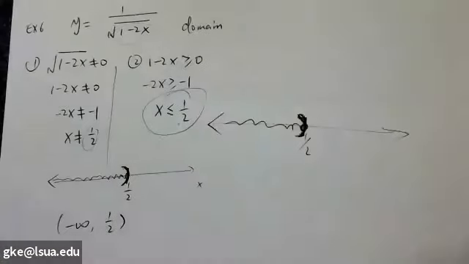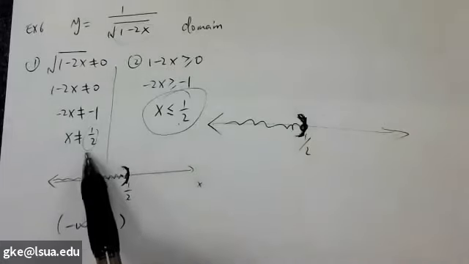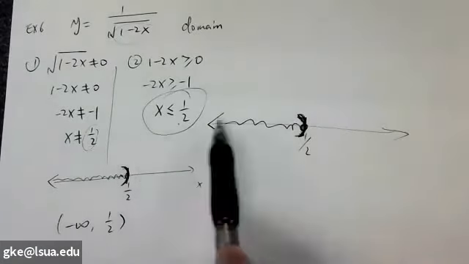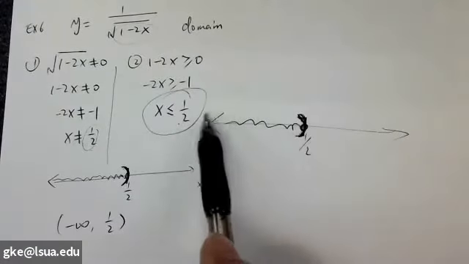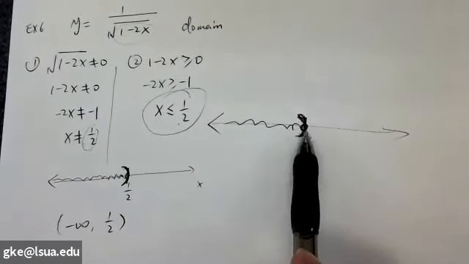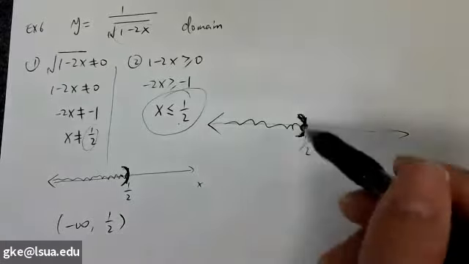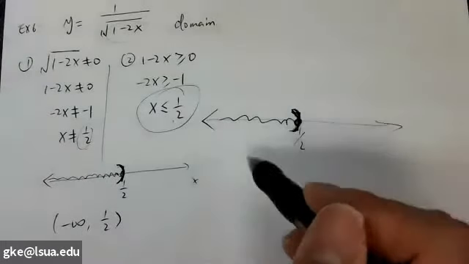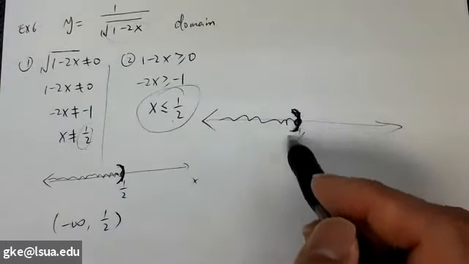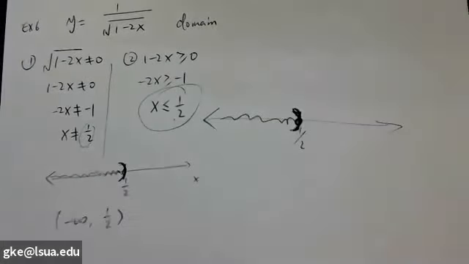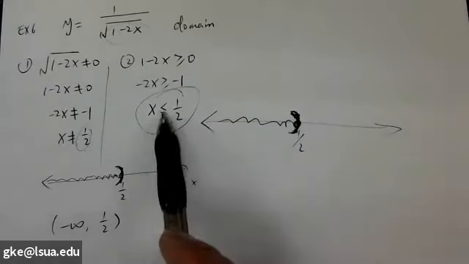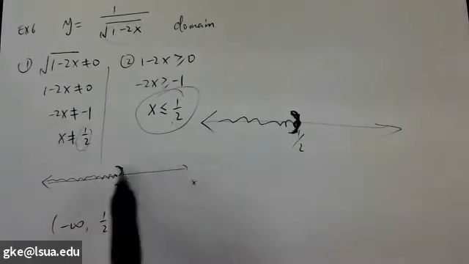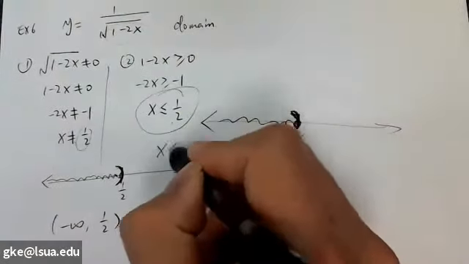And for this case, since this breakpoint overlaps with this point, 1/2, we just change the square bracket to the round bracket. Or you can say here is equal, here doesn't equal. Just combine them, and it's going to be x less than 1/2.